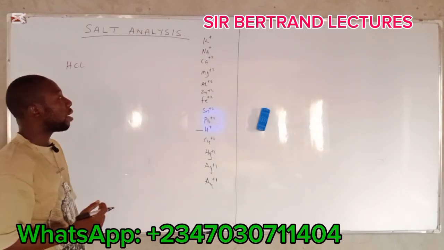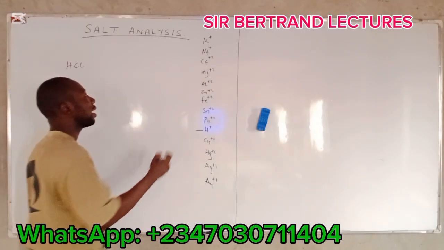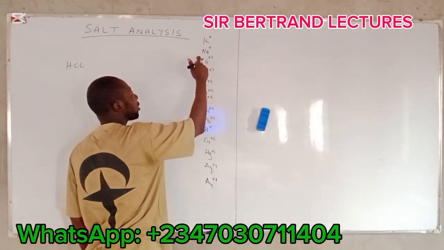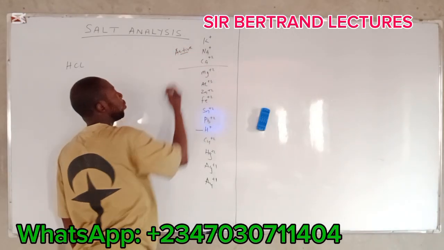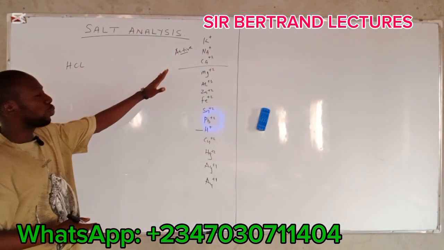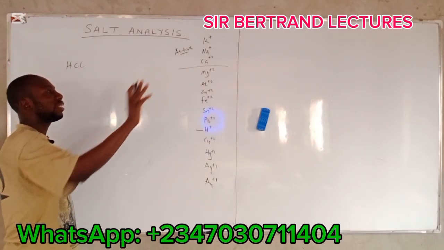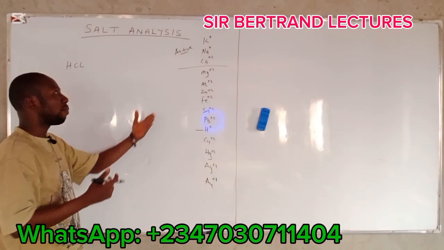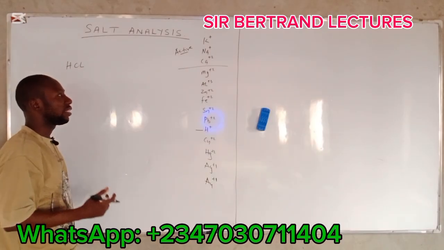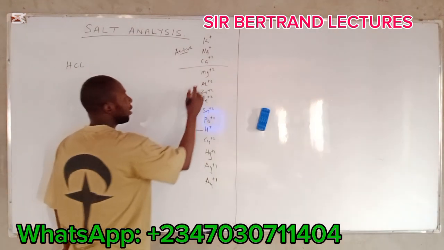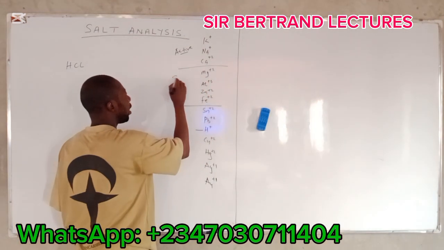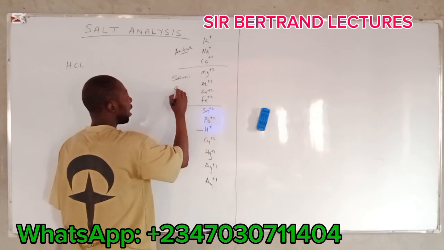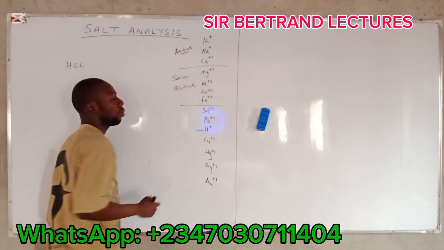When we discussed water, I told you that potassium, sodium, and calcium are referred to as active metals. Why? Because they react with cold water to displace hydrogen gas and produce a basic oxide. Magnesium, aluminium, zinc, and iron are known as semi-active metals. Why?